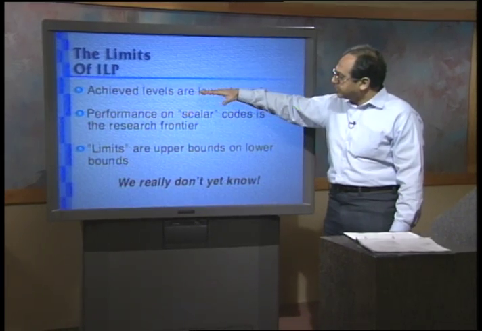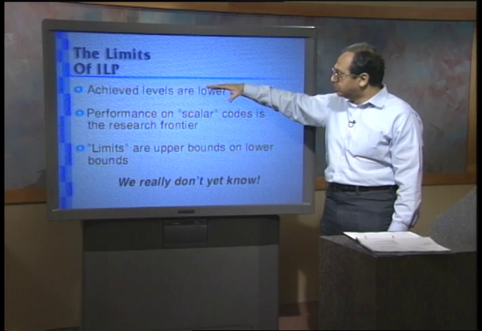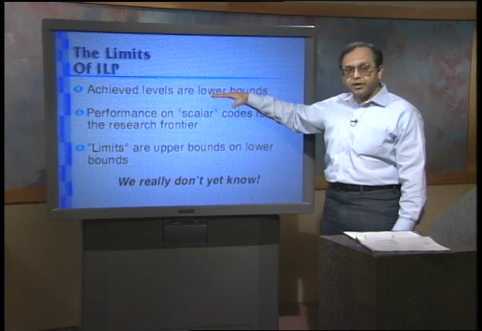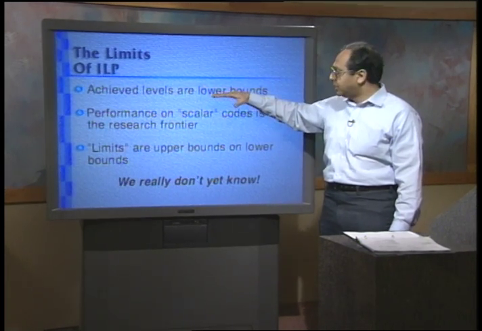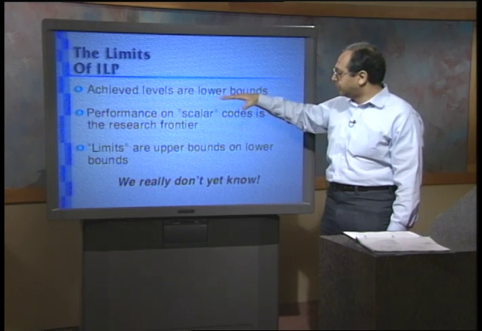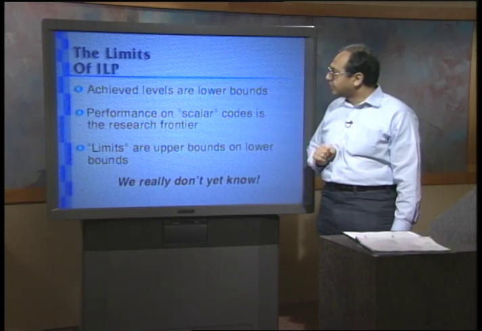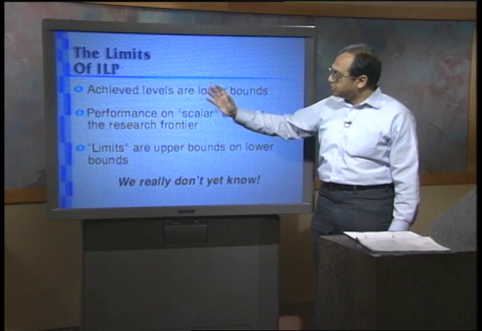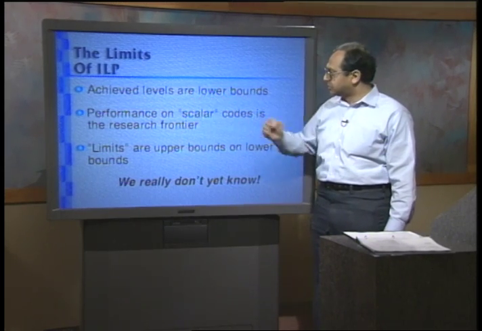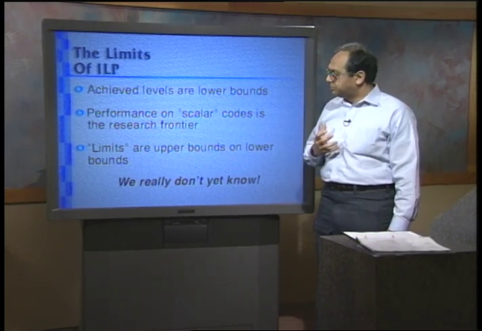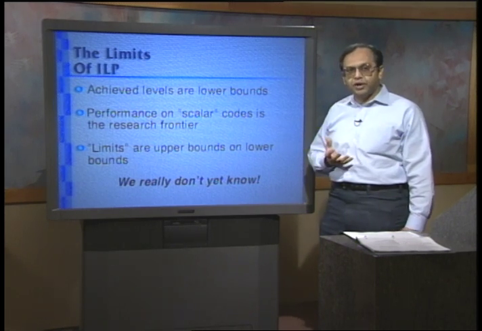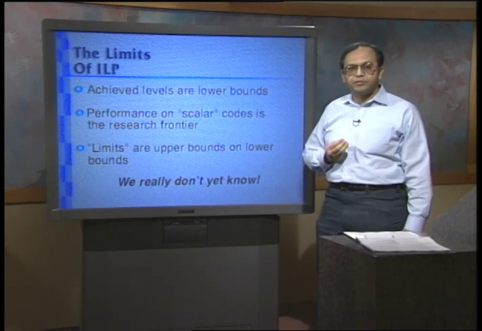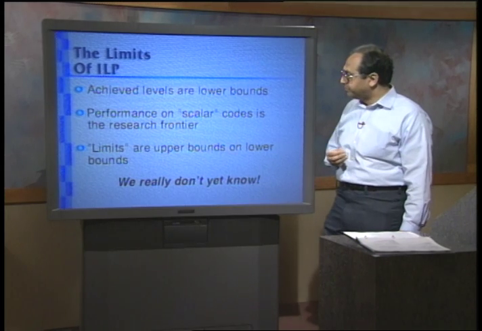What we have found is that in the case of numerical codes, loop-oriented codes, the levels of ILP are actually very high, in the many tens, in some cases much more. In the case of the so-called scalar codes, systems codes, things of that type, the experience so far has been that the levels of ILP are about 2 or 3.